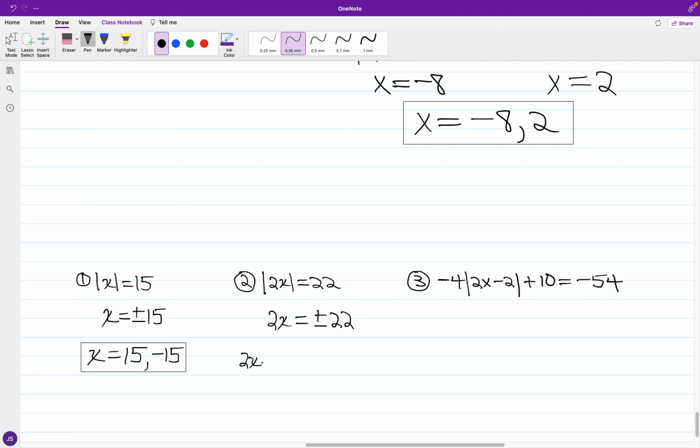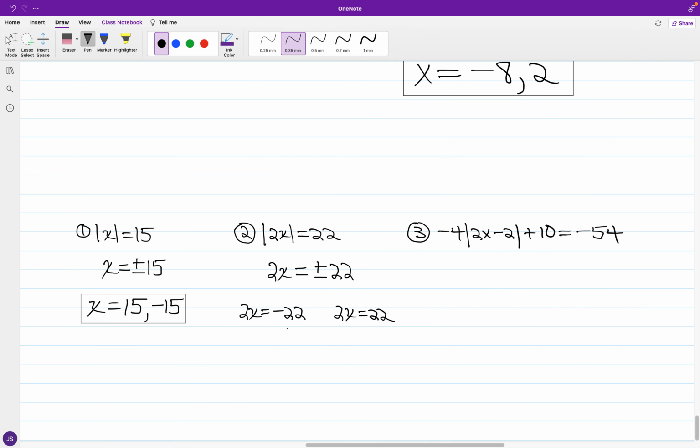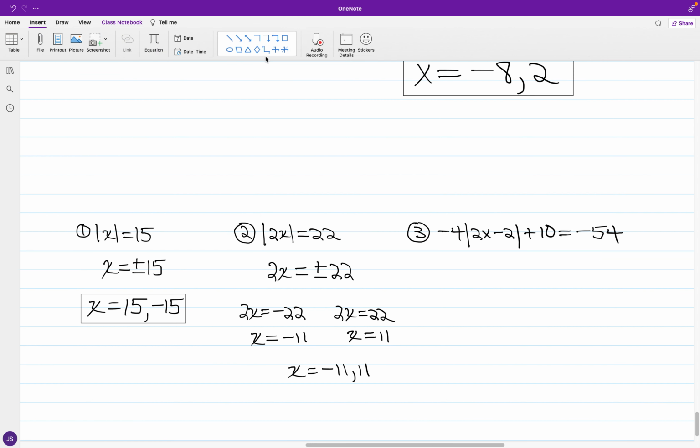At one end, 2x is equal to negative 22, and at the other end, 2x is equal to positive 22. If 2x is equal to negative 22, then x is equal to negative 11. And with 2x equal to 22, x is equal to 11. So our solution values for x are positive and negative 11.